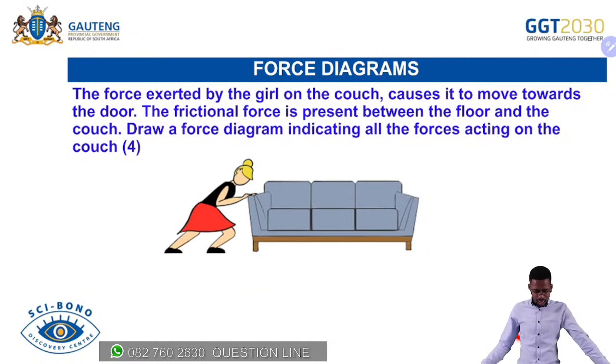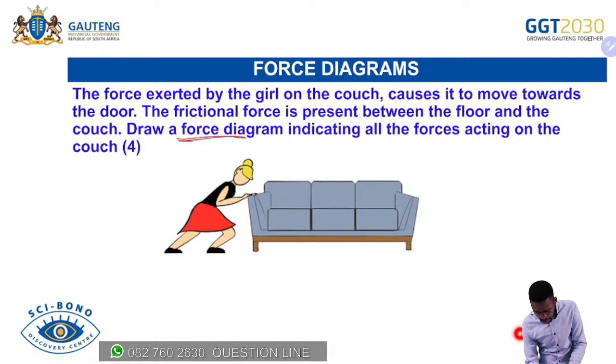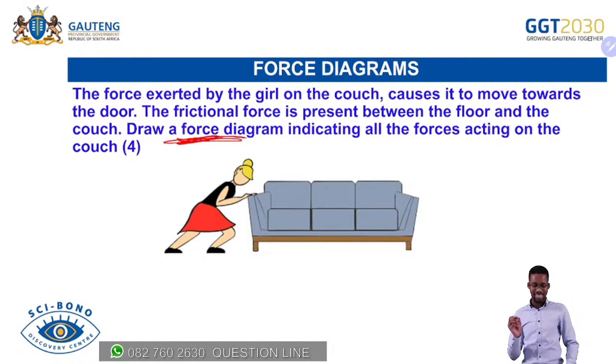So let's look at this scenario. We are told that the force exerted by the girl on the couch causes it to move towards the door. The frictional force is present between the floor and the couch. Draw a force diagram. That is the key word. Force diagram, indicating all the forces acting on the couch.